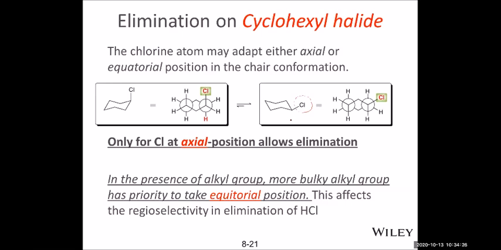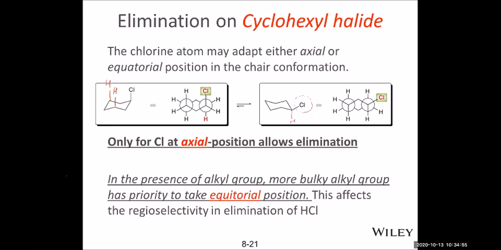So as we learned before, when you have a bulkier substituent, it is more stable on the equatorial. The axial, by the way, is not so stable because there is 1,3 repulsion between those hydrogens on the axial position.